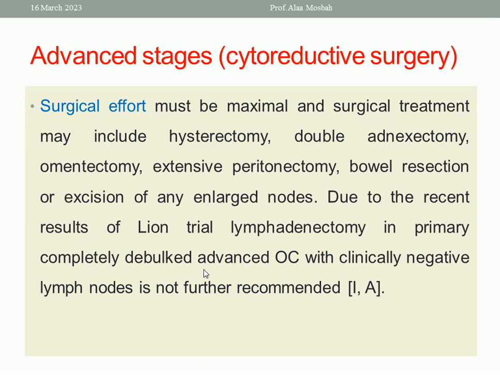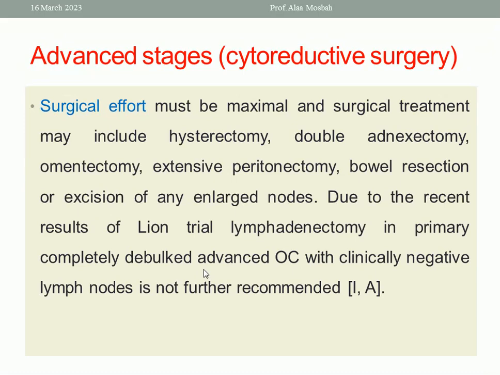However, there is a question here: should I remove the lymph nodes in all cases in advanced stages? The answer is no. According to the LION trial, lymphadenectomy in primary completely debulked advanced ovarian cancer with clinically negative lymph nodes, you shouldn't remove these clinically negative lymph nodes.